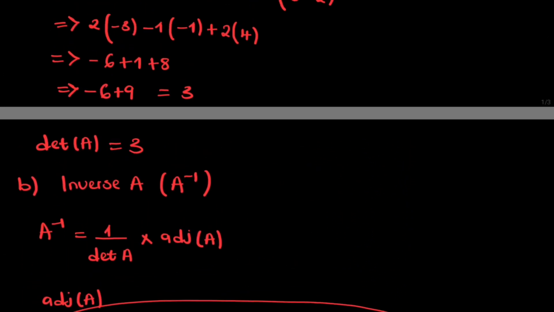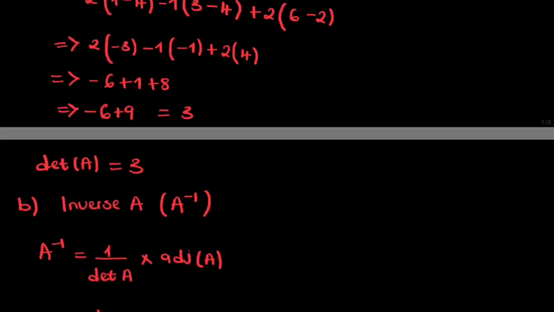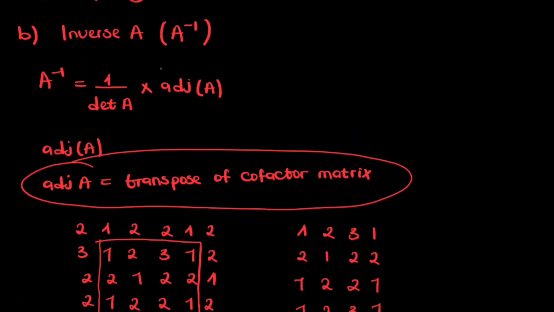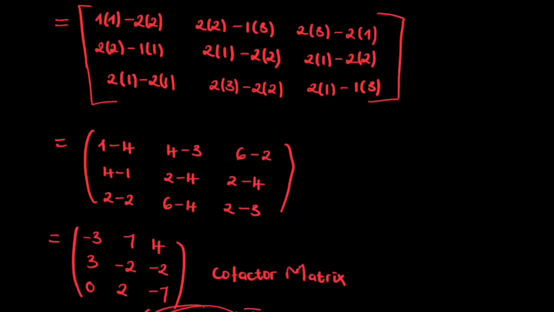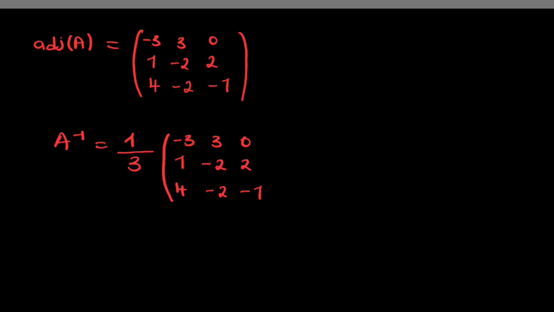So we are not here to find the adjoint, we are here to find the inverse of the matrix. So we put everything back in our formula. So A inverse is 1 on the determinant. The determinant we had was 3 times the adjoint, which is minus 3, 3, 0, 1, minus 2, 2, 4, minus 2, minus 1.